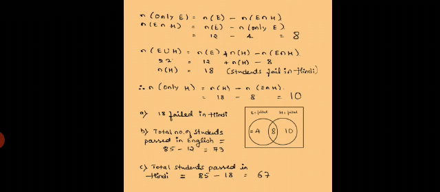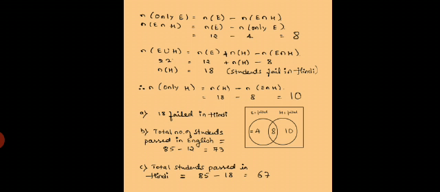Next, N of only H is equal to N of H minus N of E intersection H, that is 18 minus 8, which is equal to 10. So 10 is the number of students who failed only in Hindi.